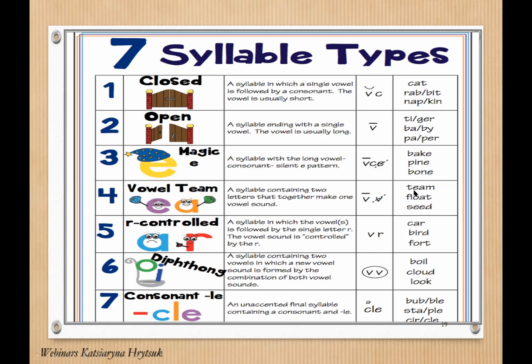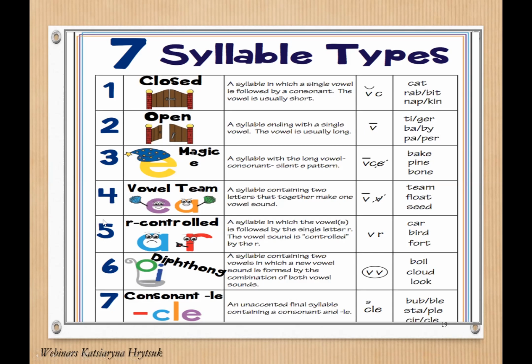You see, we have two vowels, E and A, but they make one sound, E. So it's a vowel team. Team. Okay? Next one, seed. Two vowels, even the same, but they are two. They make sound E, seed. Okay? Float. So two vowels make sound of float.